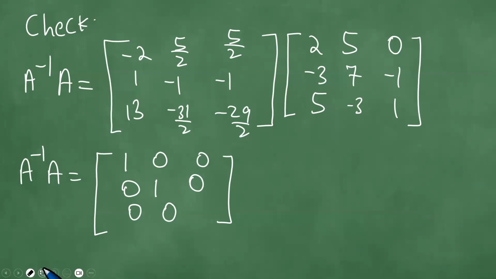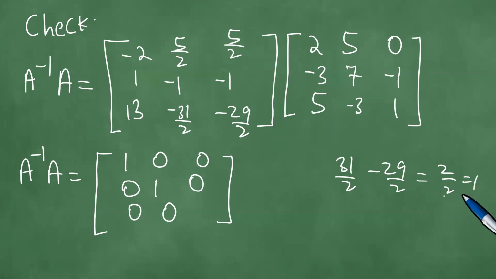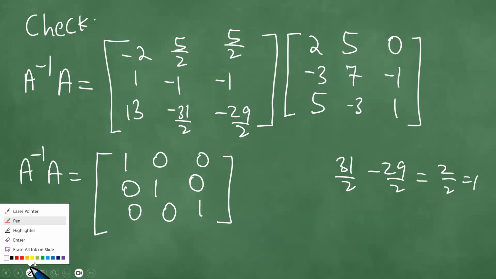But yes, I believe it is the correct thing we have. So this pi 0 is 0. And this pi, that is 1 out of 2. And this by that is minus 29 out of 2. And therefore, obviously, here is 2 out of 2, a 1.